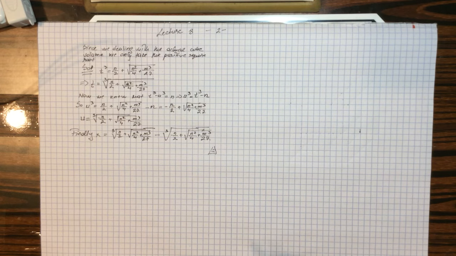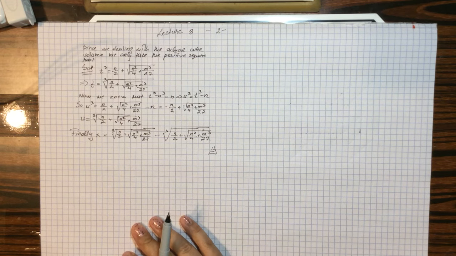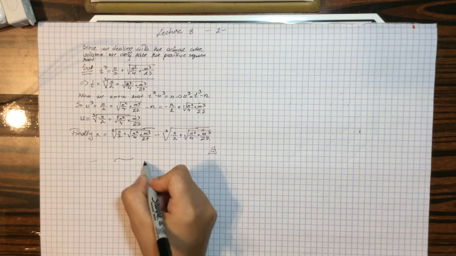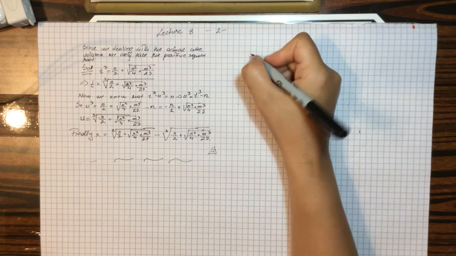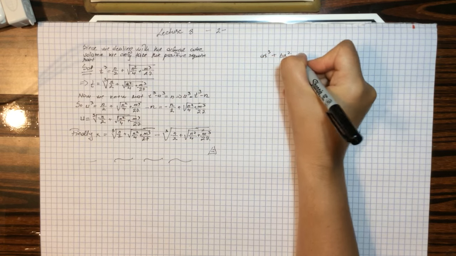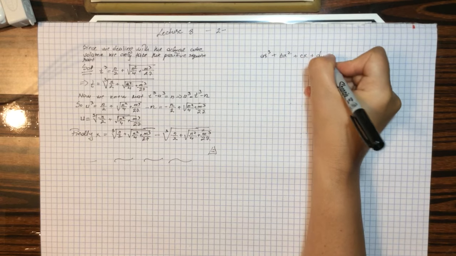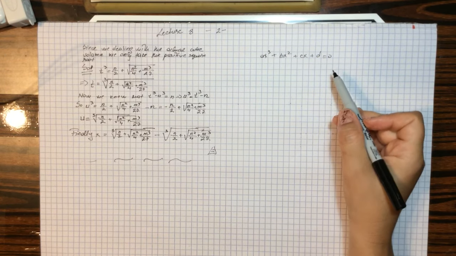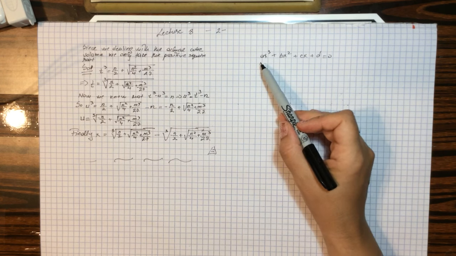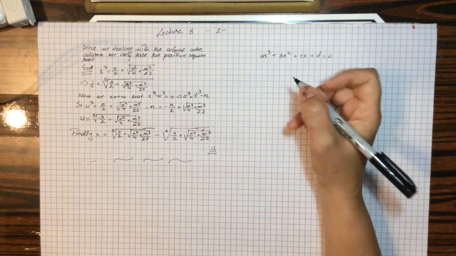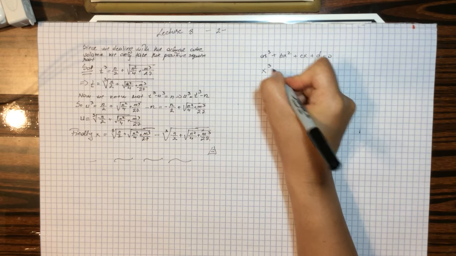But besides this, Cardano also gave a solution to the general cubic equation. So he also talked about the solution to ax to the third plus bx to the 2 plus cx plus d equals 0. He proposed first that you divide across by the coefficient a, and then, let's say you have another cubic.